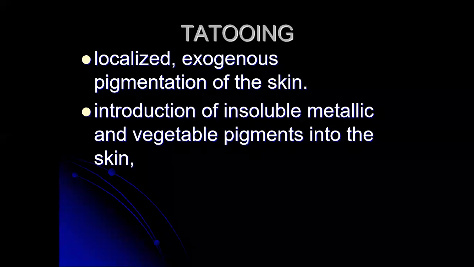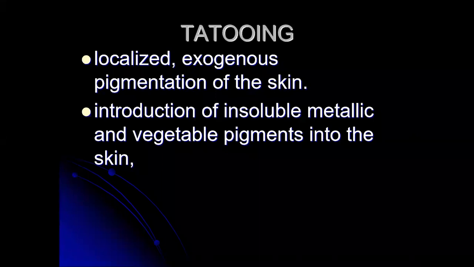The other exogenous pigment is tattoos. As you know, tattoos are like a fashion nowadays. It's caused by somebody injecting exogenous pigment locally into the skin, which is usually insoluble, metallic, and sometimes vegetable pigment.